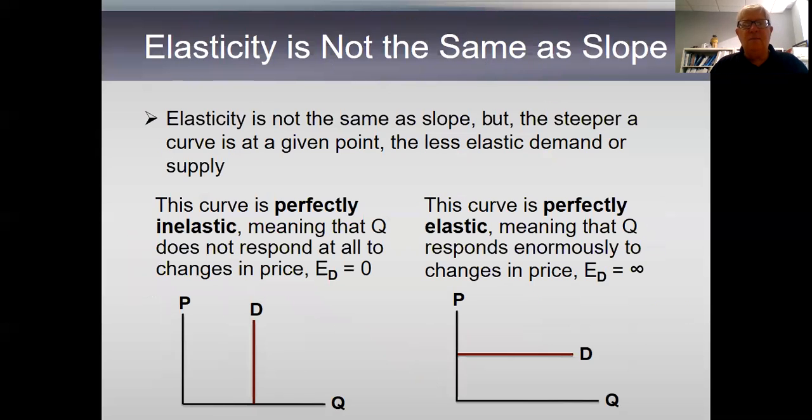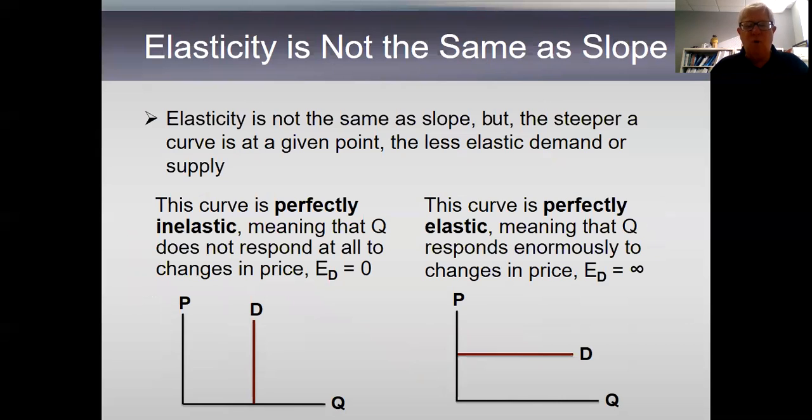Now, the next thing we need to talk about is that elasticity is not the same thing as slope. In fact, if you have a point that would be what we call perfectly inelastic, remember it has a value less than 1, it'd be elastic. If it's perfectly elastic, the elasticity value would be 0.